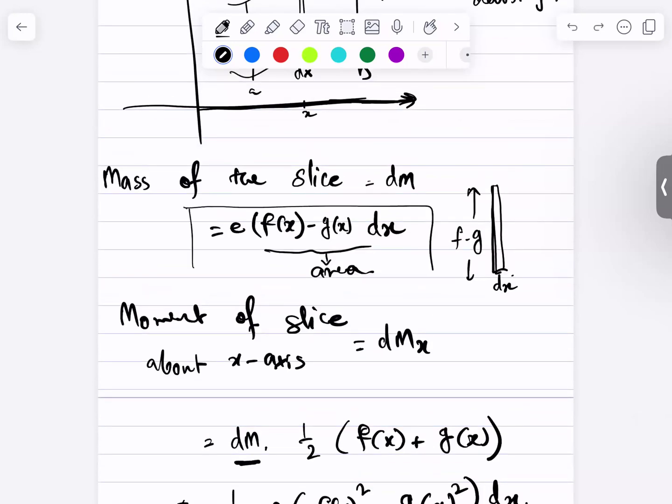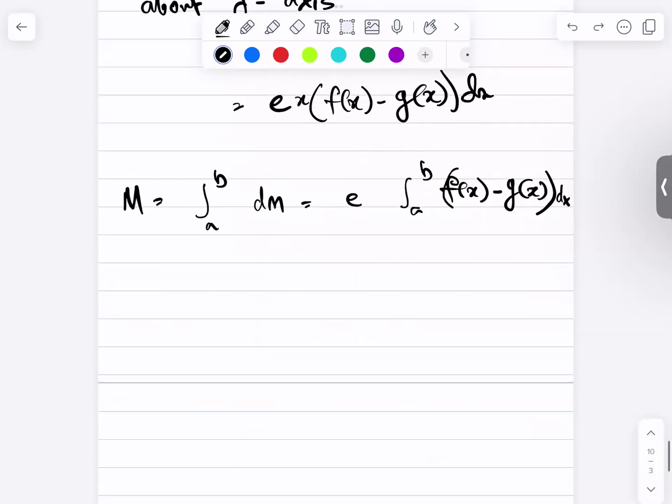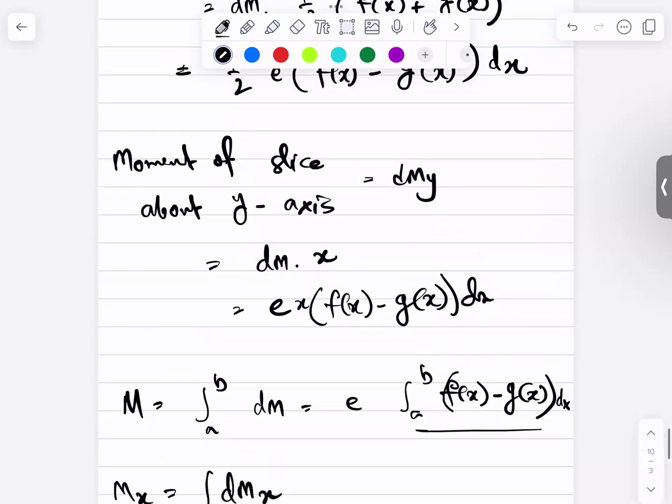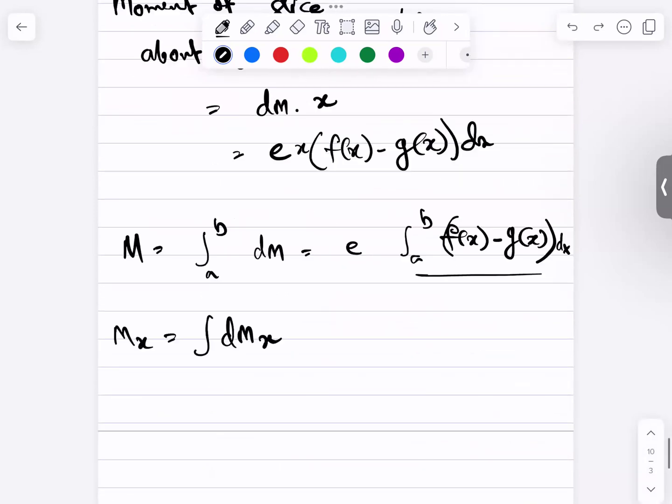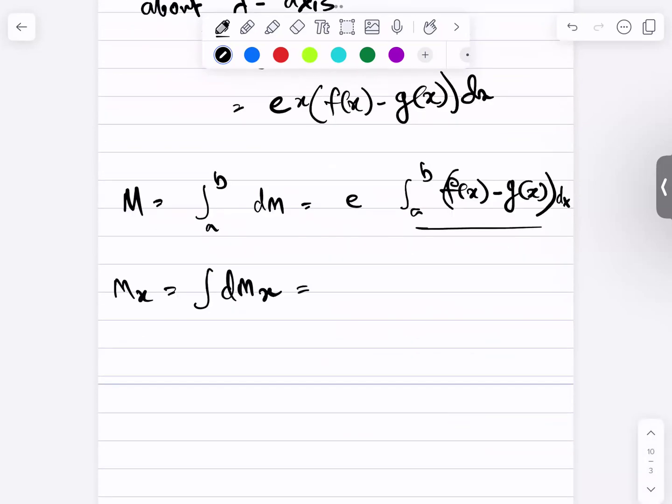When you integrate, you'll get this. Mx is integration dMx, right? dMx was this. So it will be half times E, integral a to b of f(x) squared minus g(x) squared dx.